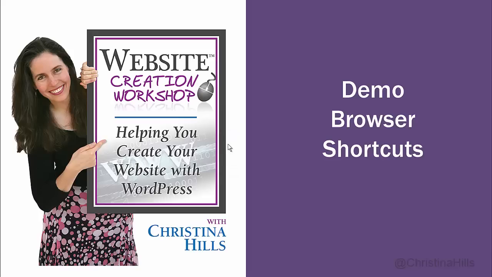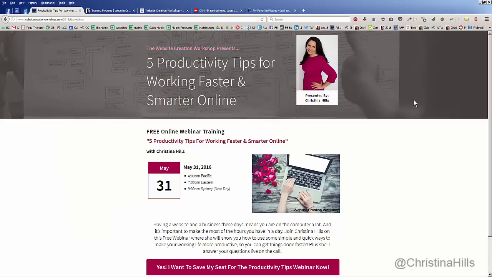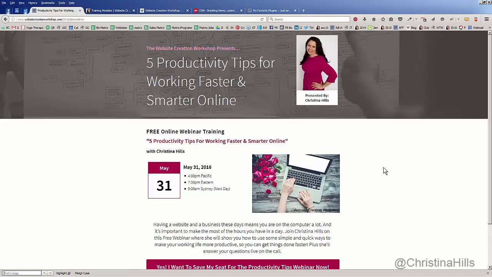All right, so let me demo some of these browser shortcuts. Let's say you want to find something on the page. Control F. Hold on, Control F. When I do Control F, it brings up this little box, and I can type the word business, and it will find the occurrence of it on the page.